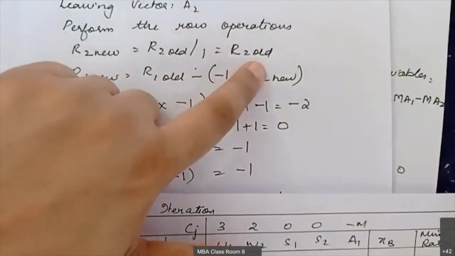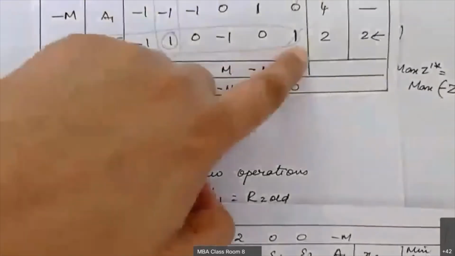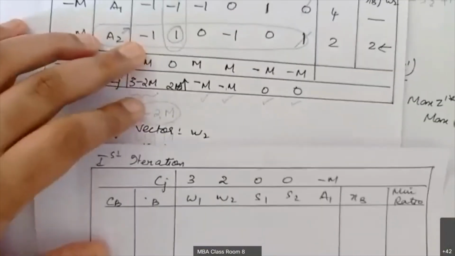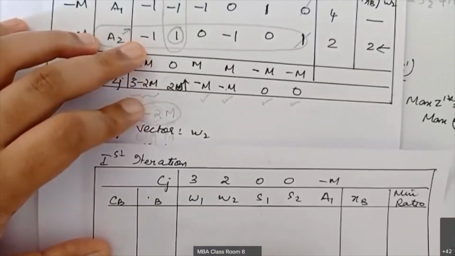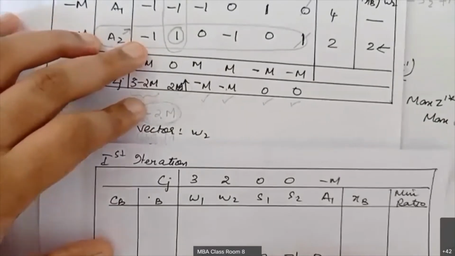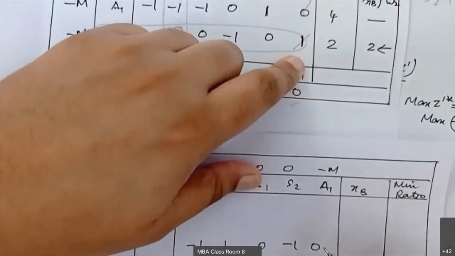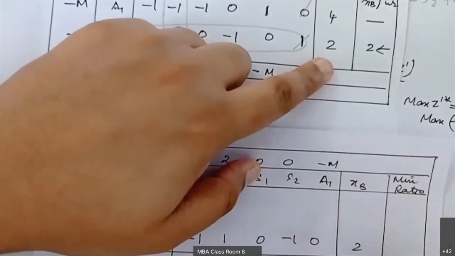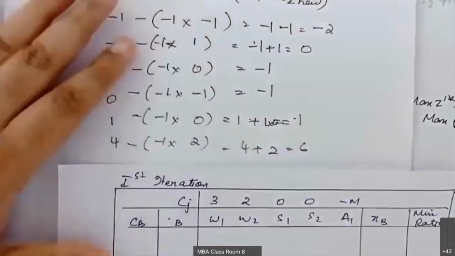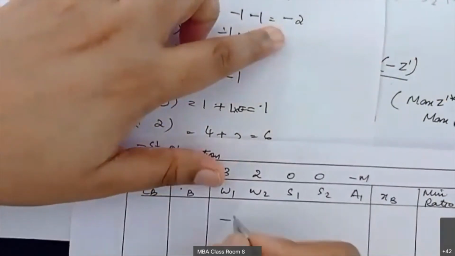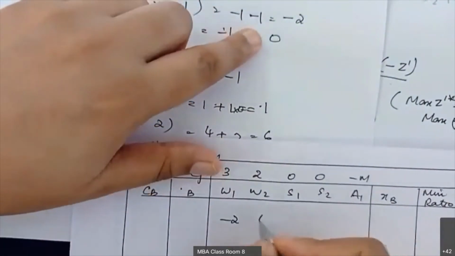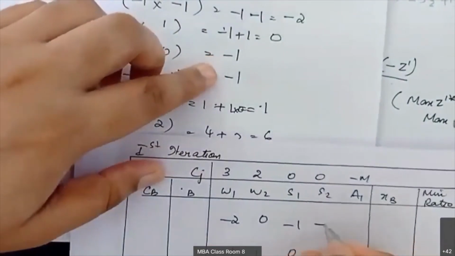We have already calculated R2, and R2 old are going to be the same. So just copy this row from the old simplex table itself. The values are -1, 1, 0, -1, 0. Don't take this 1, skip it, and write 2 there. Next one, R1 new is all these values here, so take it down: -2, 0, -1, -1.